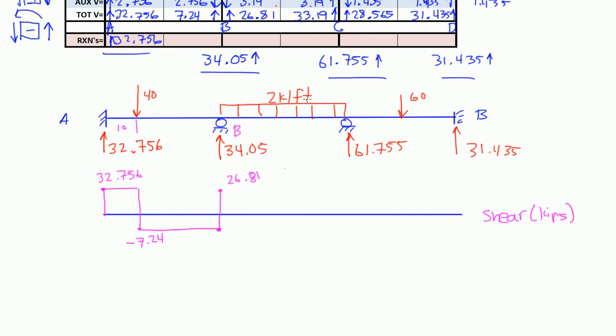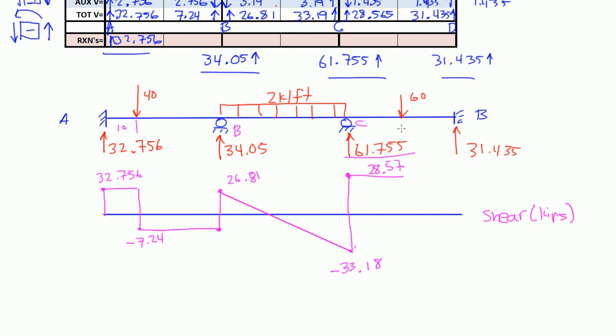And then you have 2 kips per foot going down up to joint C. So 2 kips times, I believe, 30 is 60, so 26.81 minus 60 gives you negative 33.18, and this is a straight line. Let me just draw the straight line here, right? And then you have the 61.75 going up, so you go up to 28.57.